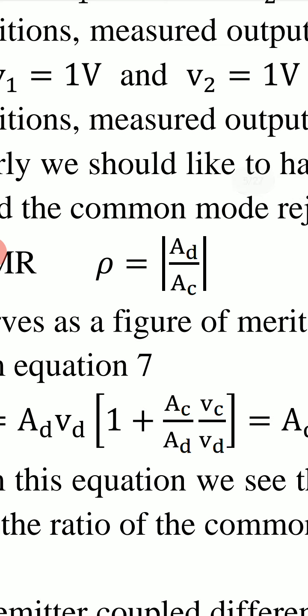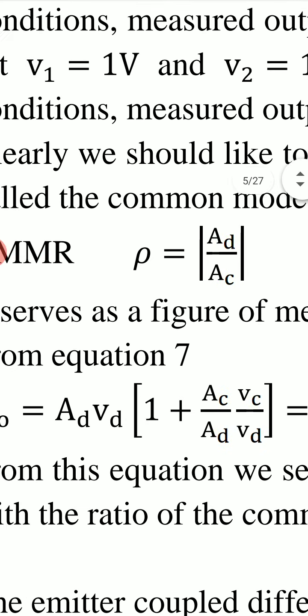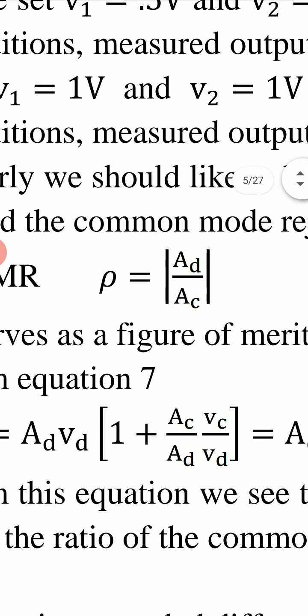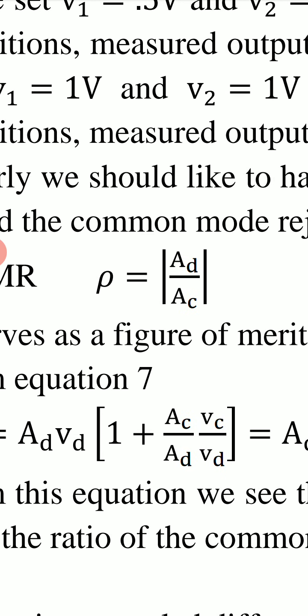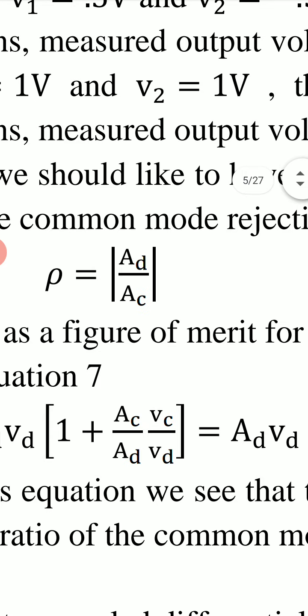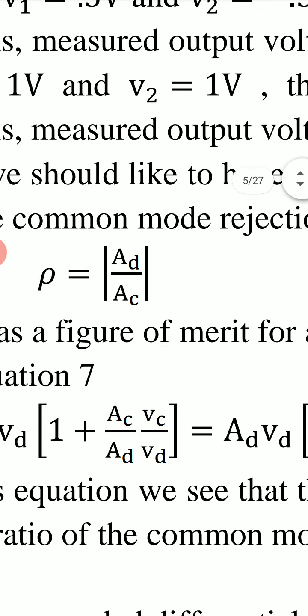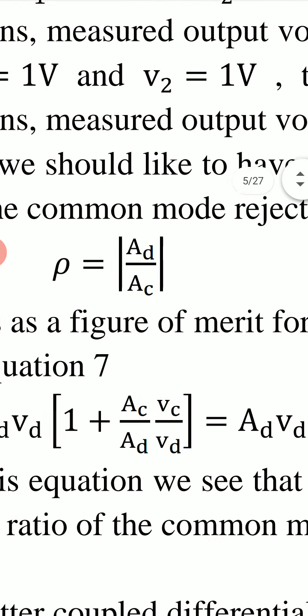It is defined as rho equal to Ad upon Ac. There are two voltage gains, Ad voltage gain for difference signal and Ac voltage gain for common mode signal. So common mode rejection ratio CMRR is defined as rho equal to Ad upon Ac.